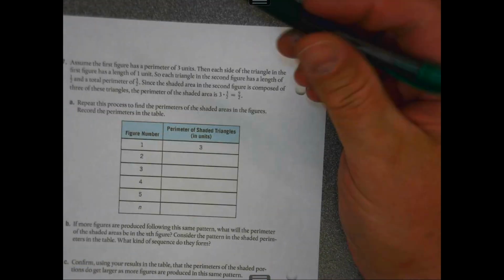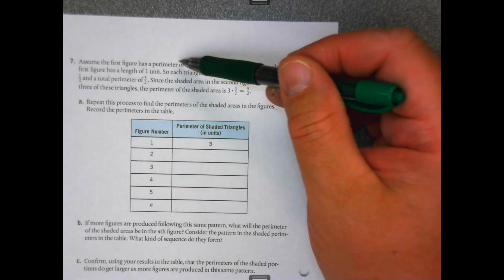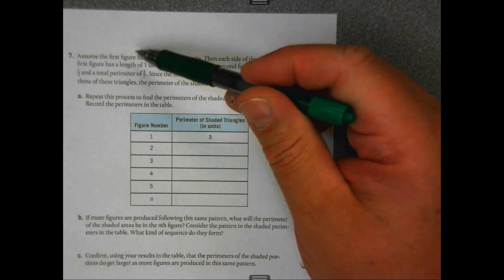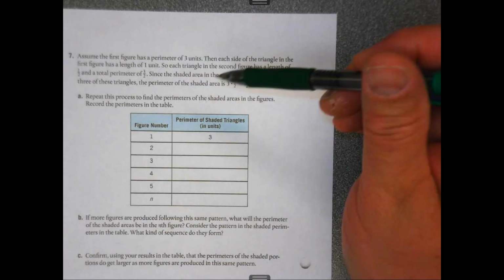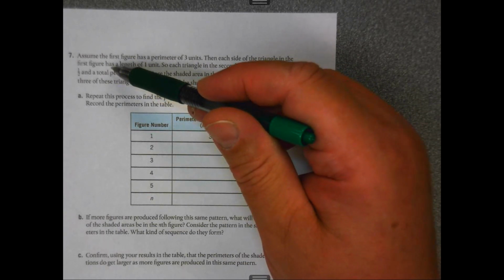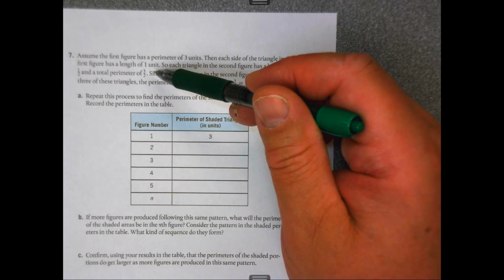Number 7. Assume the first figure has a perimeter of 3 units. Then each side of the triangle in the first figure has a length of 1 unit. So each triangle in the second figure has a side length of 1/2, and a perimeter of 3/2.